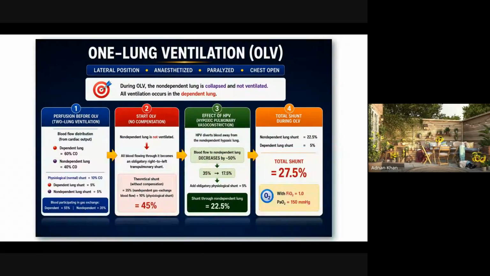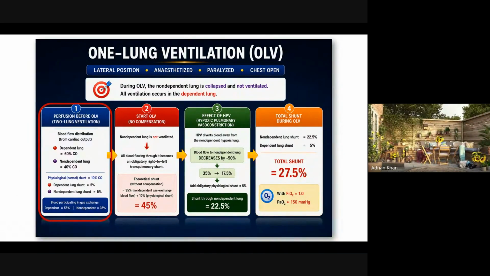Now, one lung ventilation. Keep in mind that during one lung ventilation, the non-dependent lung is collapsed and not ventilated, and all the ventilation occurs in the dependent lung. Here I underline the perfusion before one lung ventilation. It means that during two lung ventilation, the blood flow distribution from the cardiac output to the dependent lung is 60%, and toward the non-dependent lung is 40%.